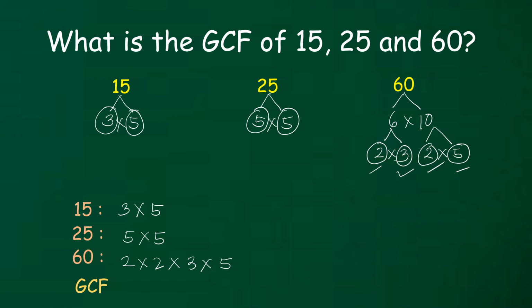Let's find out what are the common factors. Okay, we only have one common factor for the 3 numbers. So our GCF is 5.